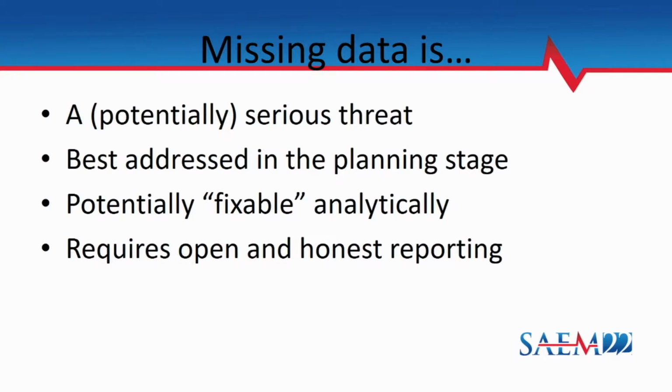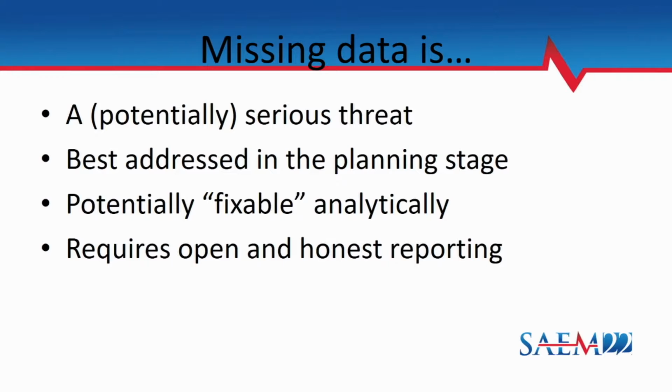Remember that it's best addressed at the planning stage when you're doing your own trials, but also when you're reading studies and thinking about how to apply those results to your patients. Studies that don't report missing data aren't necessarily wrong, but it should be a little warning light in your head. There are a number of different ways to address missing data, and people talk about it being fixable or not much of a problem.